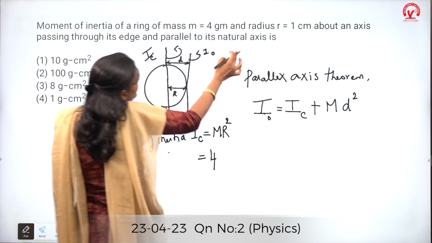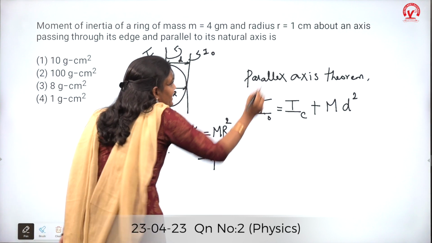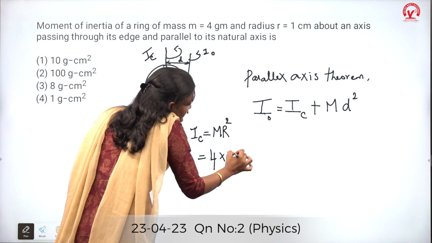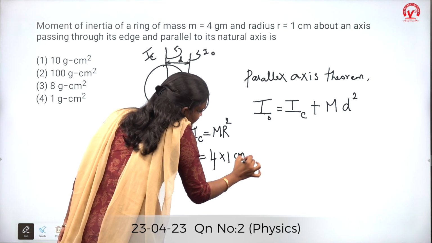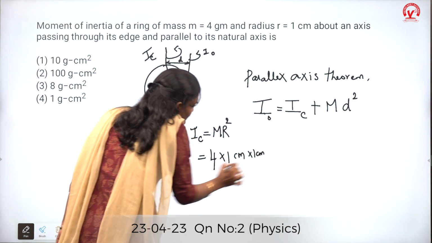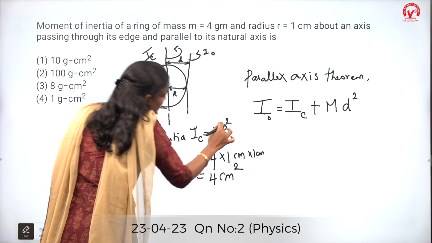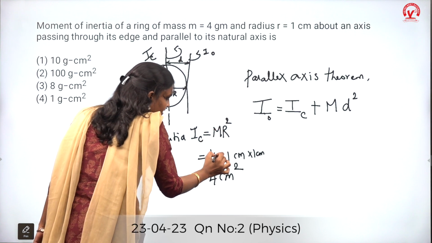Into r squared, r is 1 centimeter. So, 1 centimeter into 1 centimeter. So, this can be written as 4 centimeter squared, and here the mass is in gram.